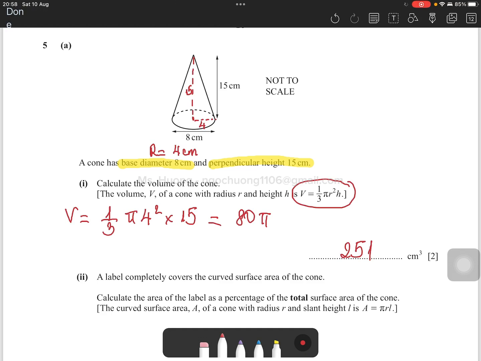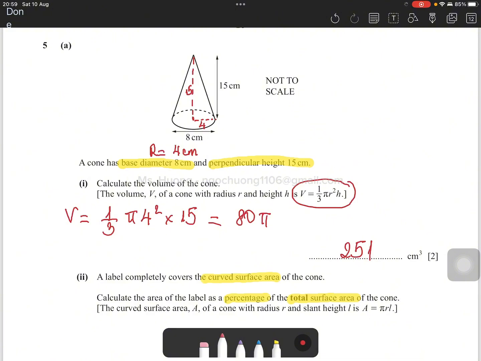Second question. A label completely covers the curved surface area of the cone, which means only the curved surface area, not the base area. Calculate the area of the label as a percentage of the total surface area.